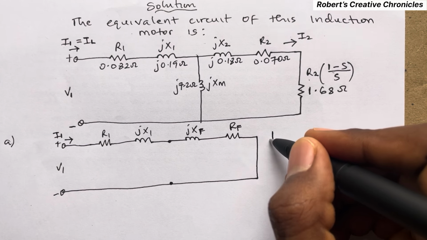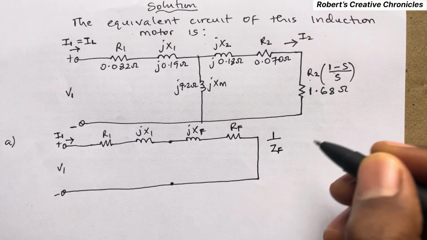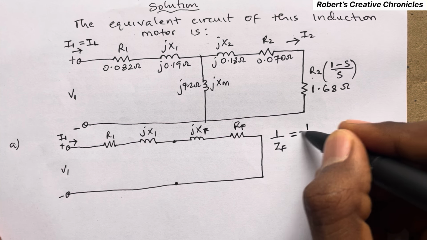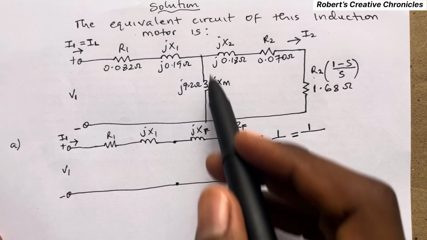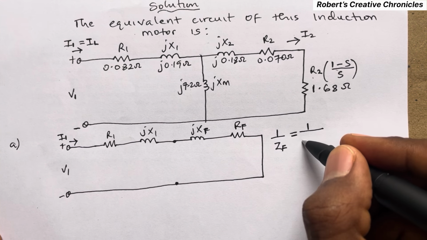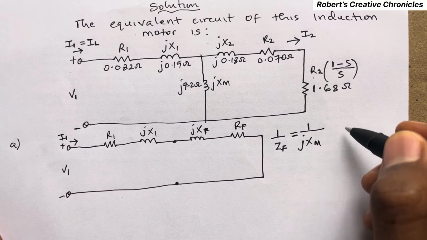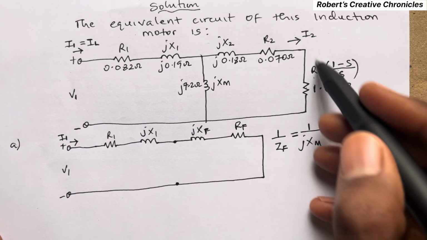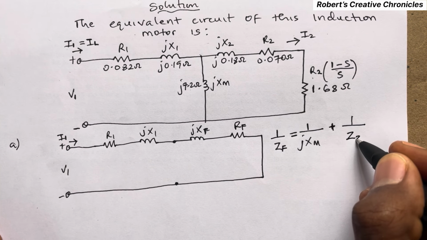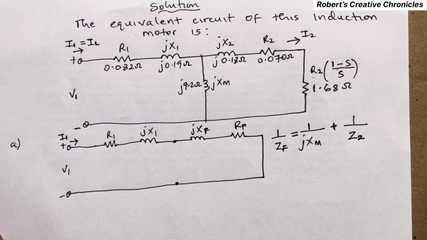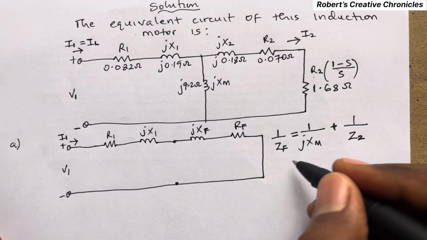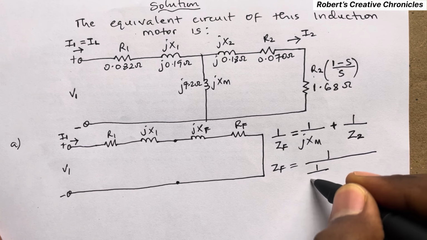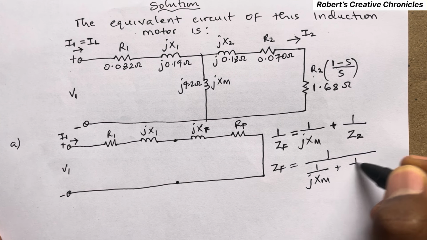Hence, we can conclude that 1 over ZF, where ZF is the equivalent impedance, is 1 over JXM plus 1 over Z2.